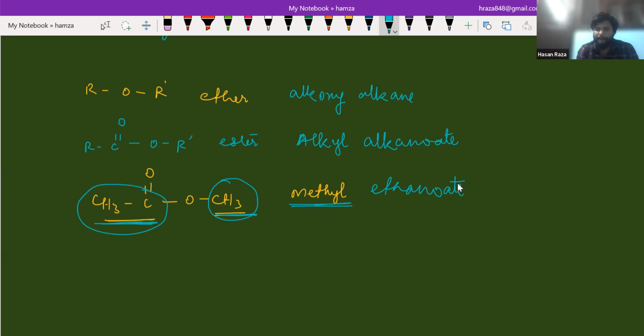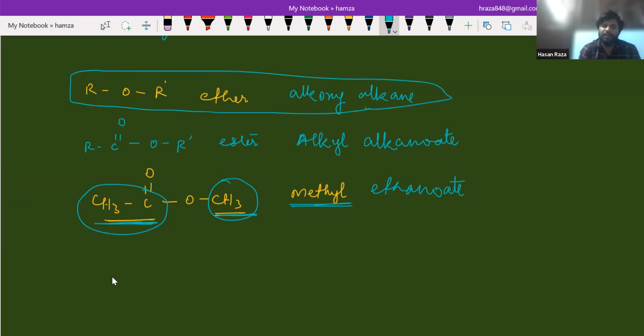Sneha? Sir, can you explain again? See, have you understood the IUPAC name of ether in the previous classes? If we have CH3O CH2 CH3, alongside O we have to decide which one is parent and which one is substituent.